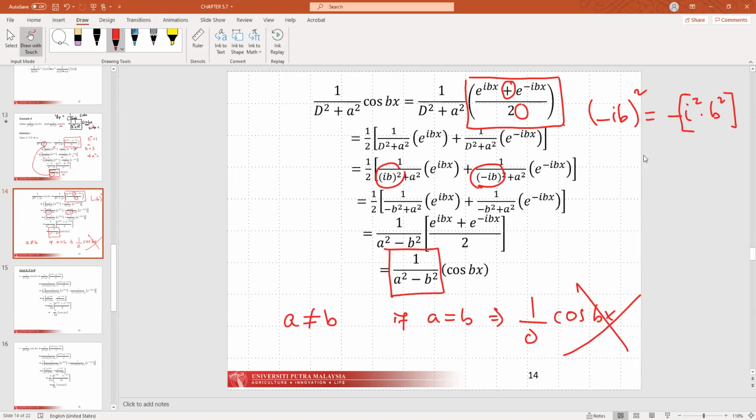Betul? So ini akan dapat minus 1 times b squared. Kuasa 2 dia di luar, tak boleh bawa minus. Okay. So yang ni jadi positif sebab dia di luar, dia bukan di dalam. So yang ni jadi negatif b squared.